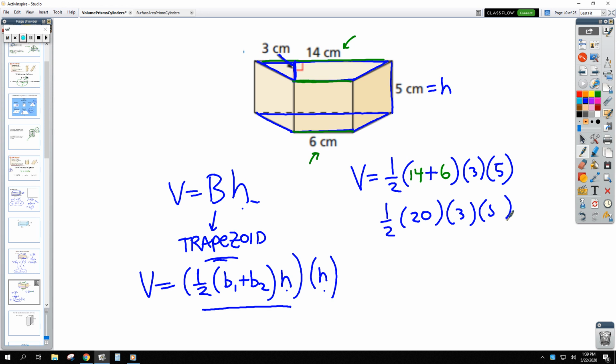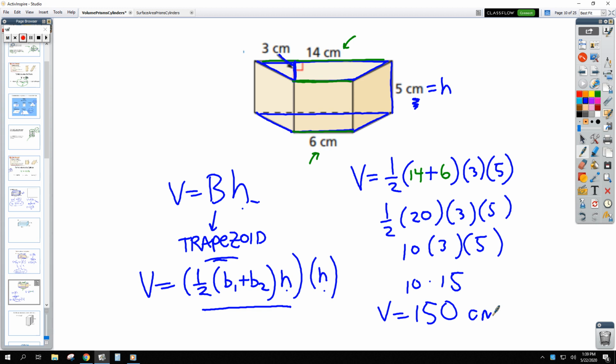And I'm going to go ahead and take half of 20, which is, right? So that's 10 times 15, which is 150. Again, label it properly. 150 what? Cubic centimeters.